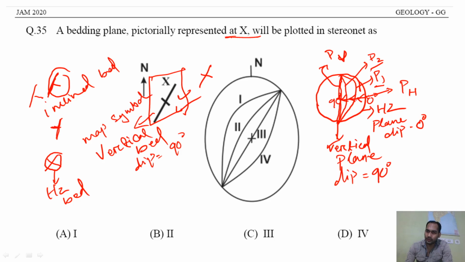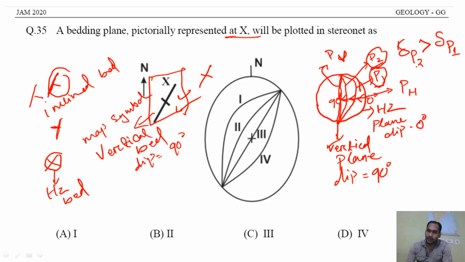So P1 is having a gentle dip as compared to P2. P1 is having lesser dip as compared to P2, right? Del P2 is greater than del P1. Dip of plane 2 is greater than dip of plane 1.